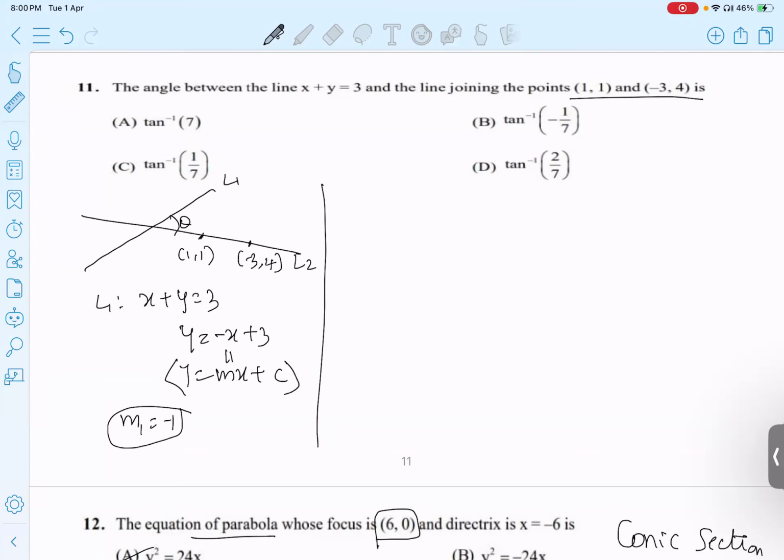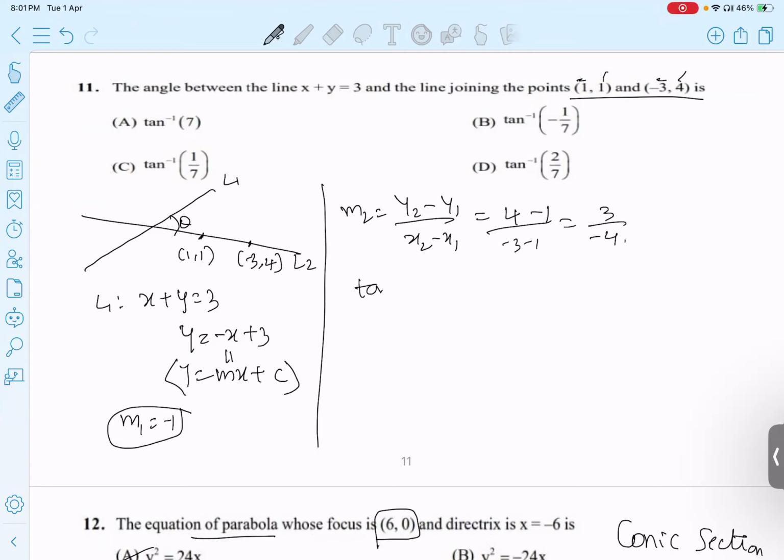In one of the problems in this session, I told you, if the line is passing through 2 points, then its slope will be y2 minus y1 by x2 minus x1. Substituting in this formula, we'll get 4 minus 1 divided by minus 3 minus 1, which will be equal to 3 by minus 4.